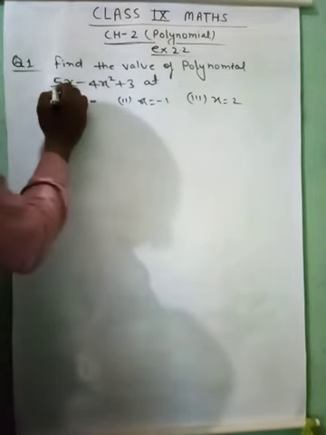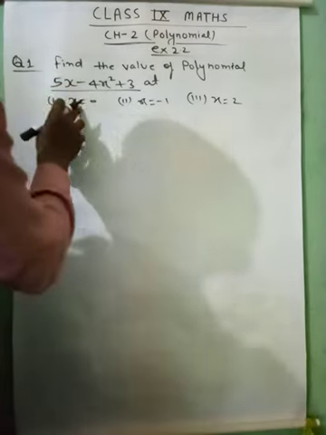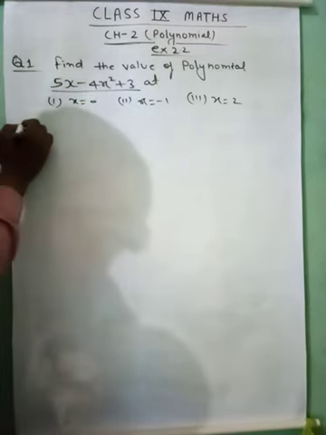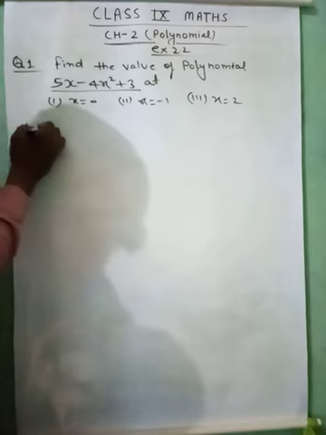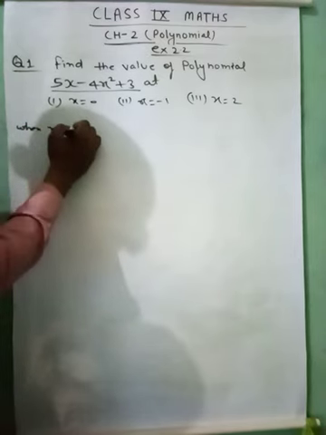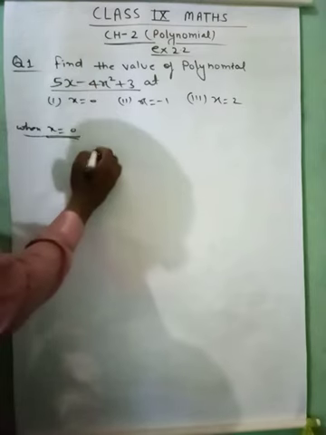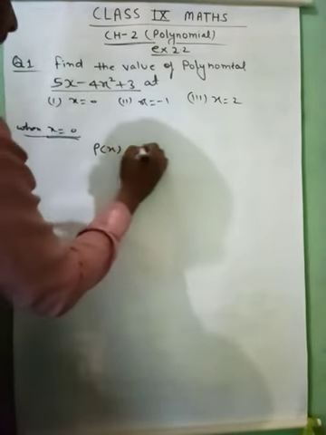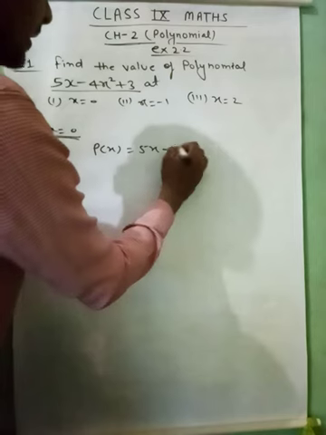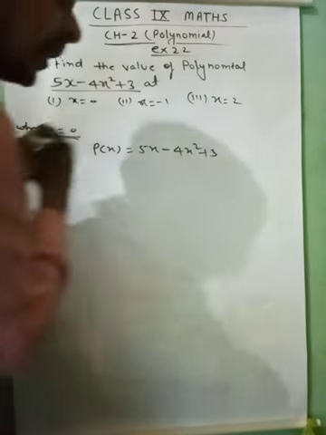So in this polynomial first we will put x is equal to 0. Suppose it is p(x) equal to 5x minus 4x square plus 3.